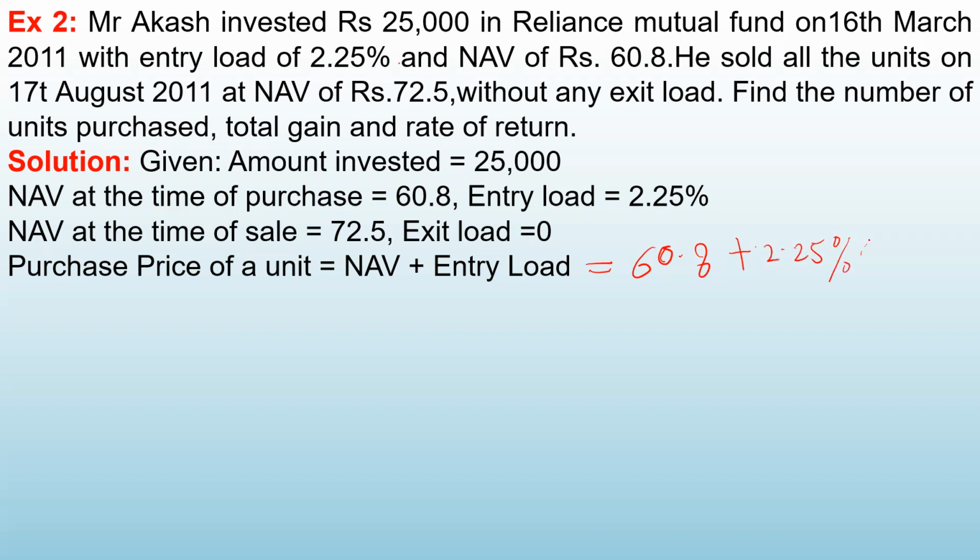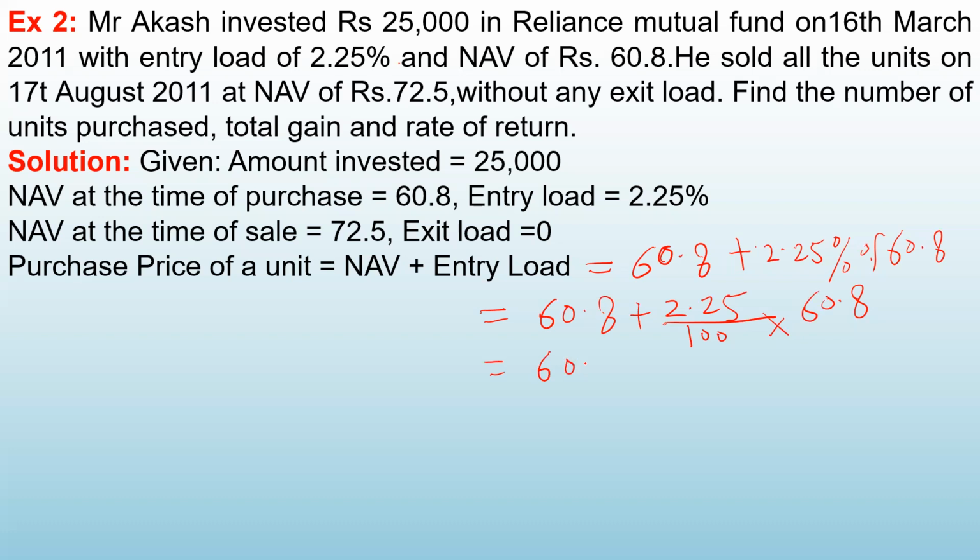2.25% of 60.8. So NAV is 60.8 plus 2.25% of 60.8, that is 2.25 upon 100 into 60.8.